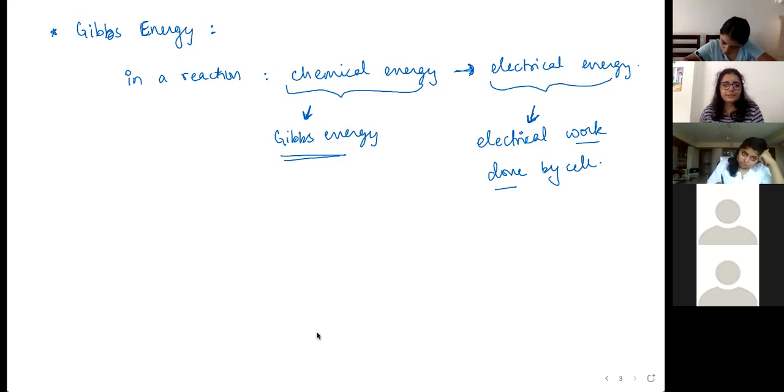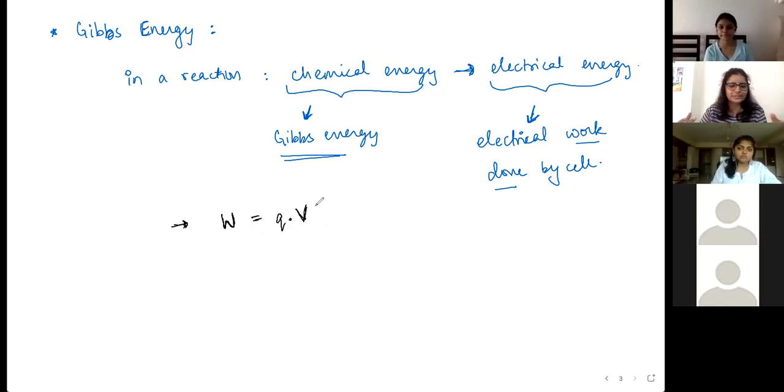Do you remember the relation between work done in moving some amount of charge? What is the formula associated with that? Work done W equals QV, multiplication, the potential.